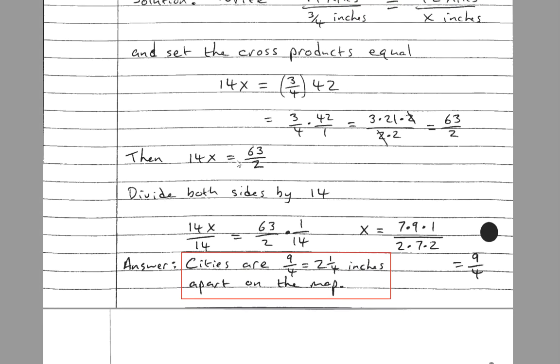A nice way to do that here, since we have a fraction on the right, is that dividing by 14 is the same as multiplying by 1 over 14, the reciprocal. We've seen that. So on the right side, it's 63 over 2 times 1 over 14.